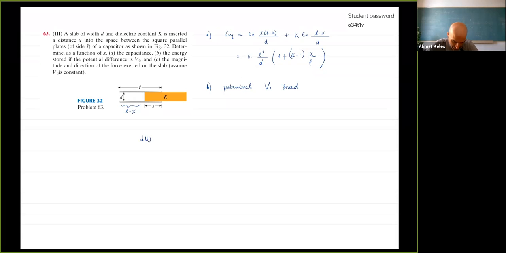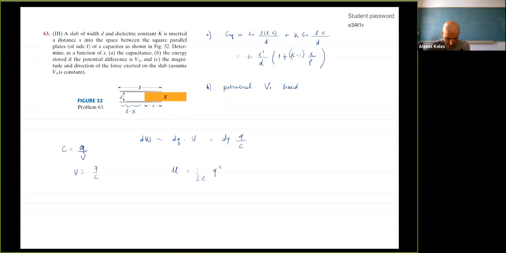The work you do is equal to dq times V, and C is equal to total charge divided by V, so V is Q over C. So this is q dq over C. If you integrate, this is the total energy. U is equal to 1/2 Q squared over C.